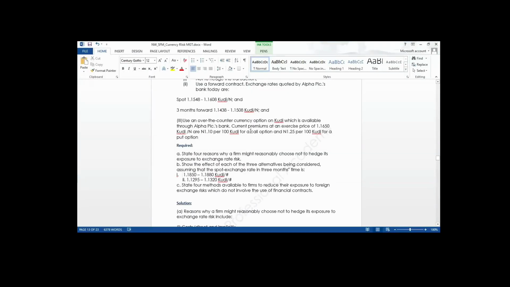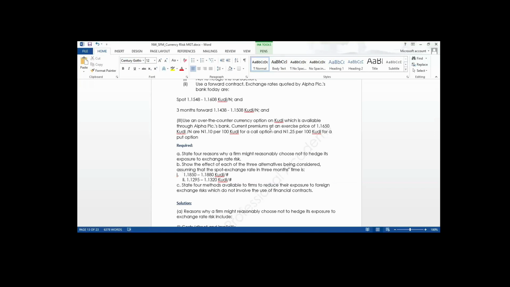Examiner says current premium at an exercise price of 1.1650 are 1 naira 10 kobo per 100 kudi for a call, and 1 naira 25 kobo per 100 kudi for a put option.